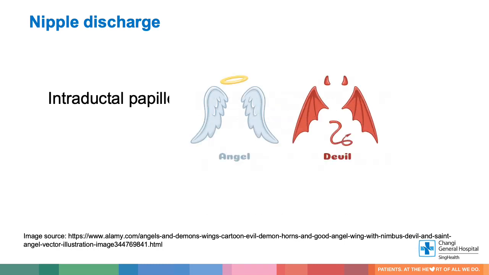I normally give this analogy to all my patients. Intraductal papilloma is like an angel, but it does have a devil side to it, or it makes bad friends. And the bad friends are actually breast cancer. So for ladies with intraductal papilloma, it is important to make sure that there is no associated breast cancer or other high-risk lesions around it.